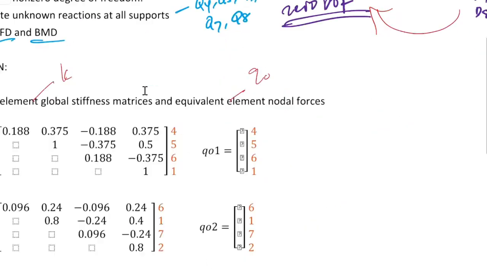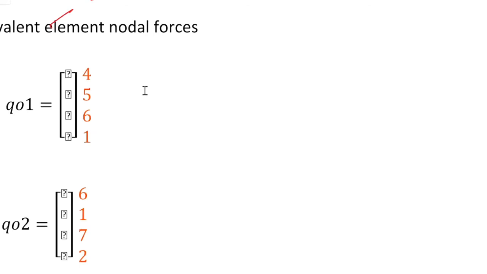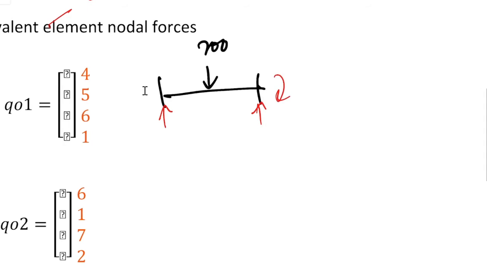So we have 200 kilonewton at the center, and to calculate the fixed end action, we have the vertical reaction as well as the fixed end moment.